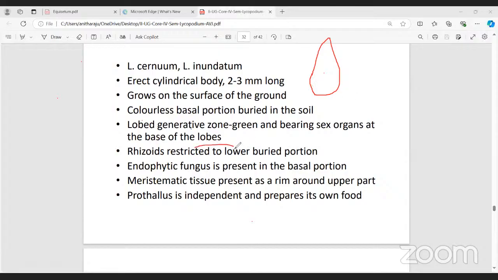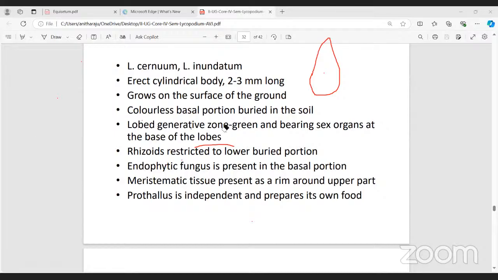You already know what the sex organs are here: antheridia and archegonia. Rhizoids are restricted to the lower buried side. Endophytic fungus is present in the basal portion. That is important: inside the prothalli, the fungus also gets associated. Meristematic tissue is present as a rim, and the prothallus is independent in preparation of its own food material, not dependent. Already discussed yesterday.